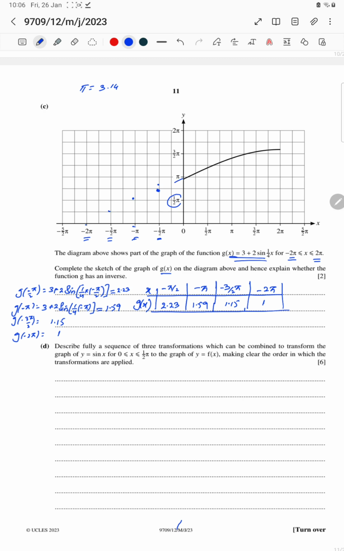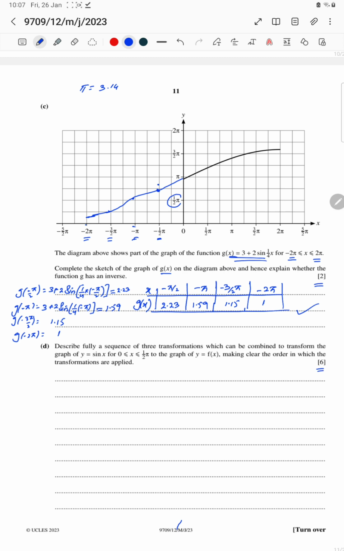So we can say our graph is like this. This is the graph approximately drawn, which helps us get these points. This calculation you must show. Okay, next case, this is a 6 marks question, a very interesting question.